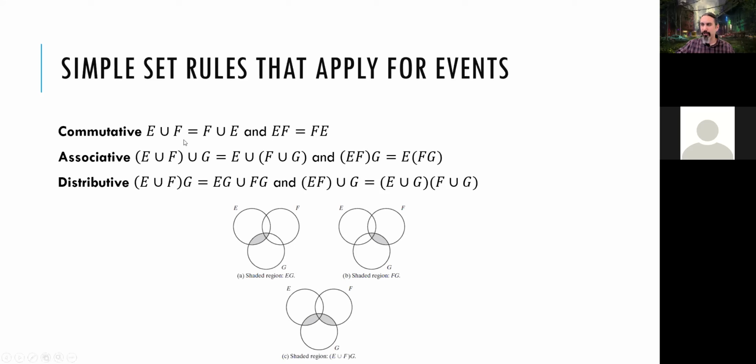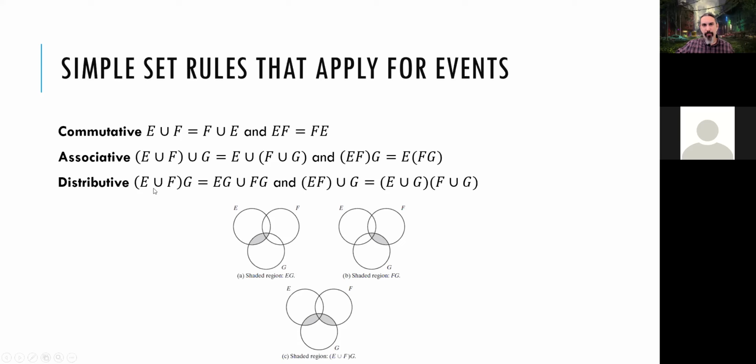For example, if we are trying to union three events, we don't care if we take the union of E and F first and then take the union of G on top of it, or start with F and G and take the union of them and then add E to them. It will give the same answer. It's the same for intersection as well. We can move the parentheses to the other side. We don't care which events we intersect first.